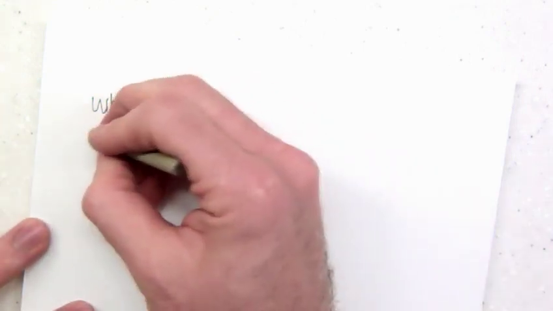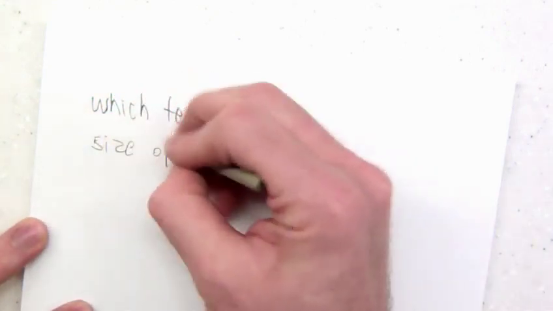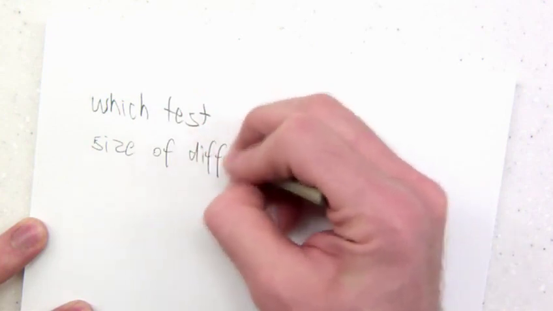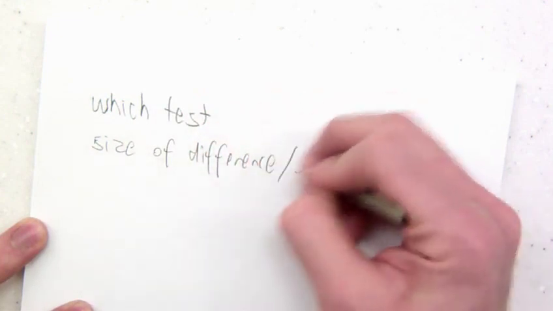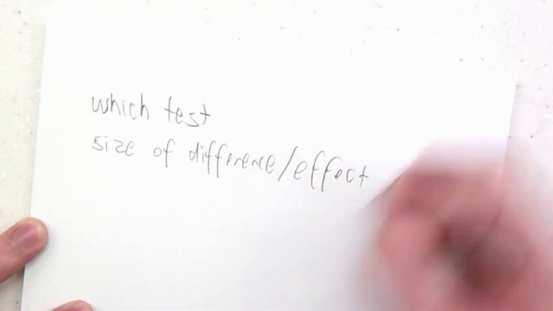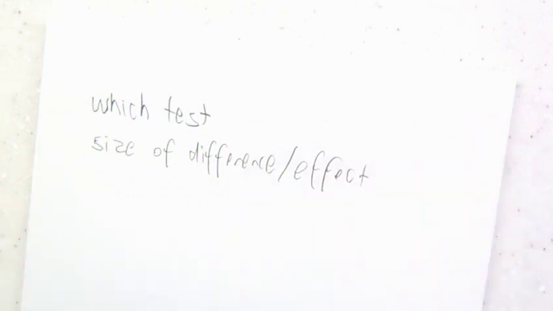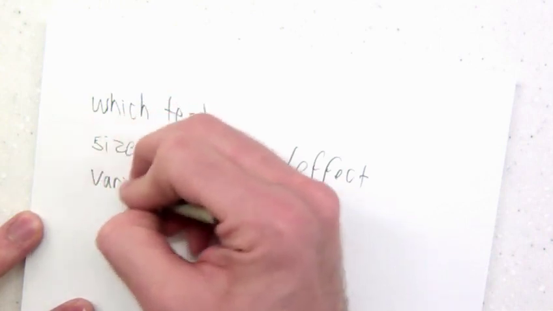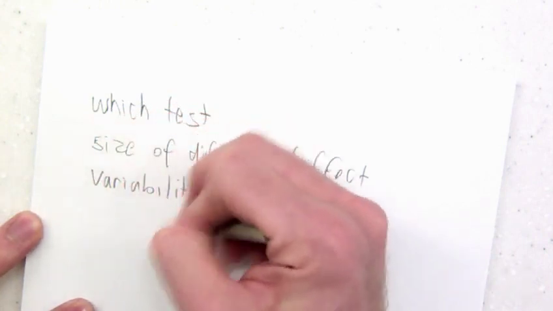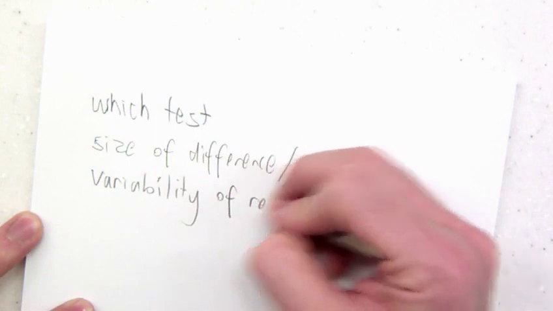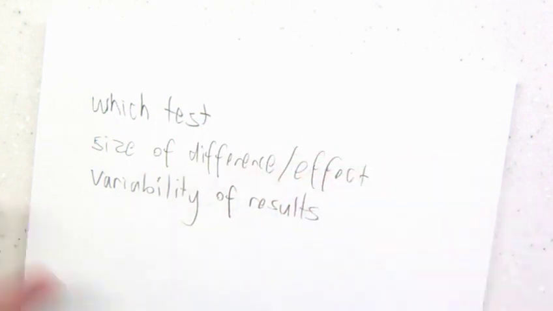So which test, the size of the difference you want to see, or effect that you're looking for, how variable the results are, that's 3 things.